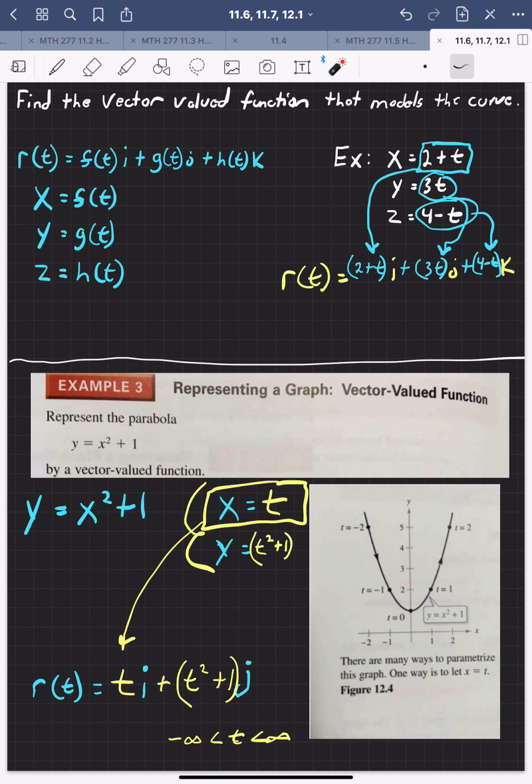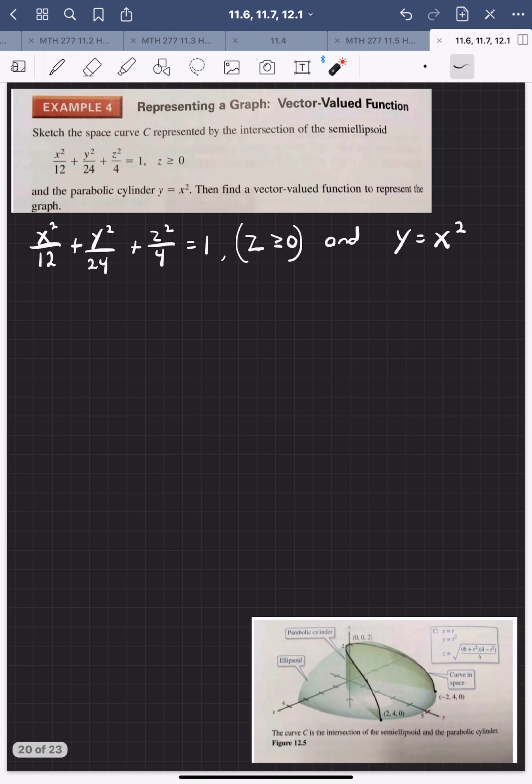Let's go to another problem like this. It'll be a little bit harder, and there will be some domain restrictions, but the process is the same. Ready? Let me read. So it says that we're interested in sketching the curve C, but I'm not really interested in that part. I'm interested in getting my vector valued function. So let me continue to read.